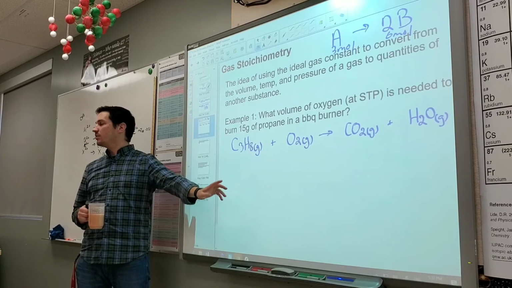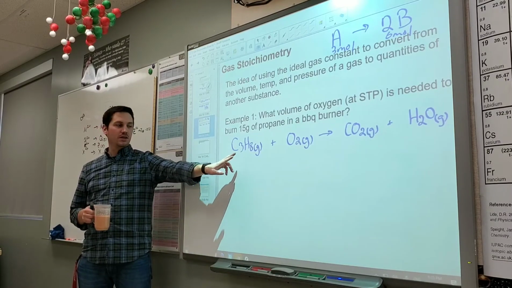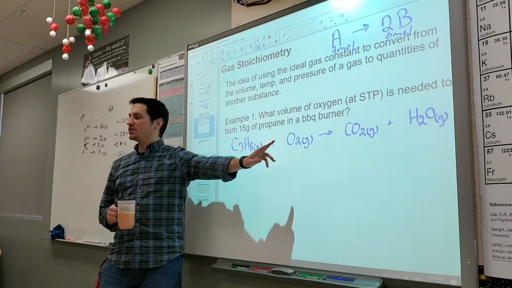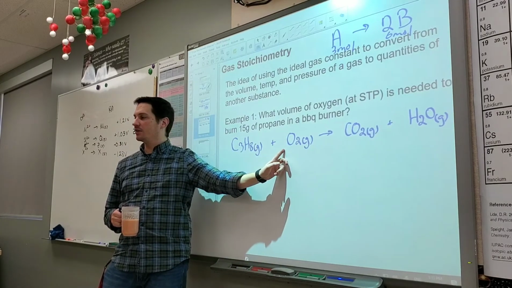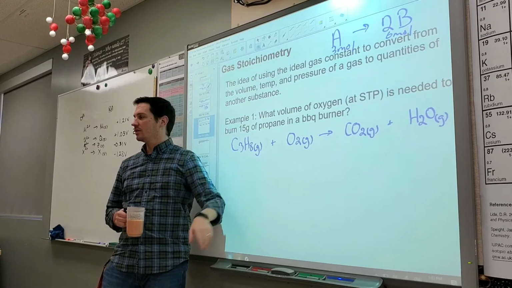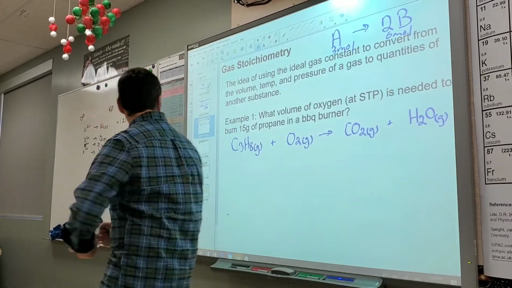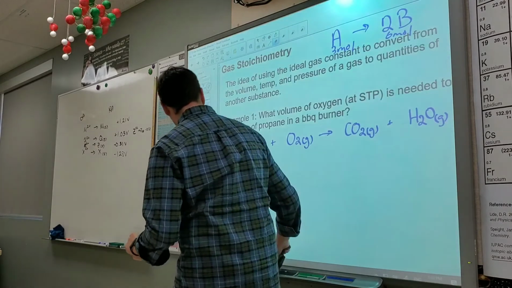Once you get a balanced chemical reaction, just look up at the front. We should get a coefficient of 5 in front of the oxygen. Just see if and where maybe you messed up.